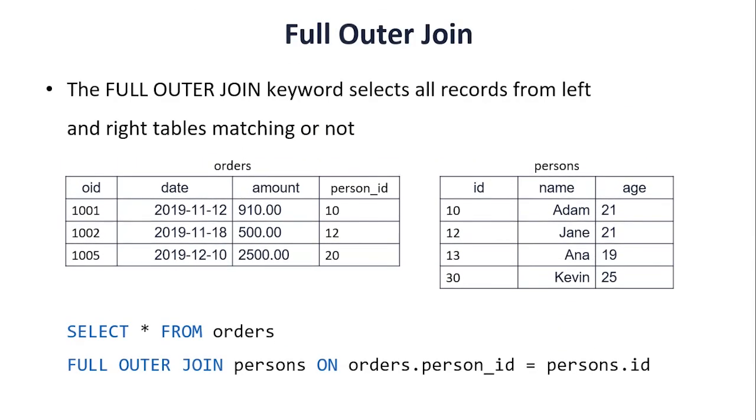Full outer join, the final type of join, actually selects all the records from the left table as well as the right table. And for any matching records, they will be included. And for others, they will be filled with missing values or null values.